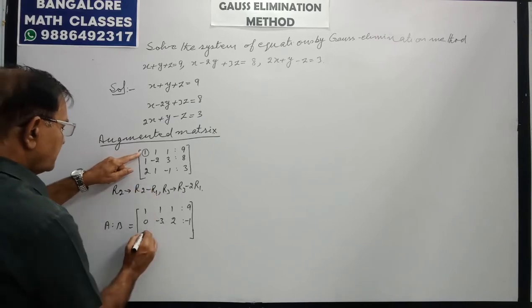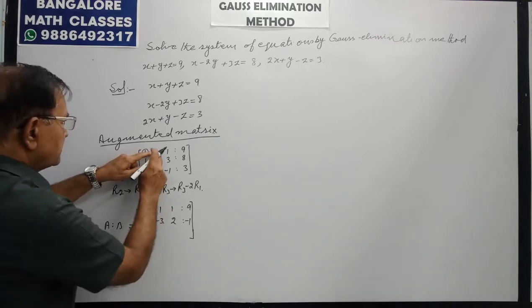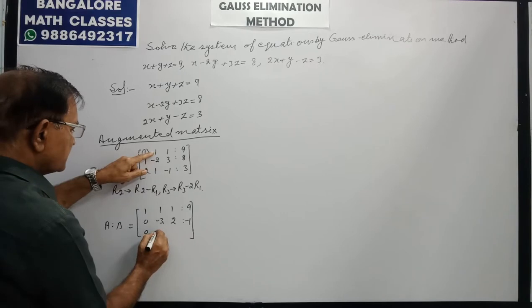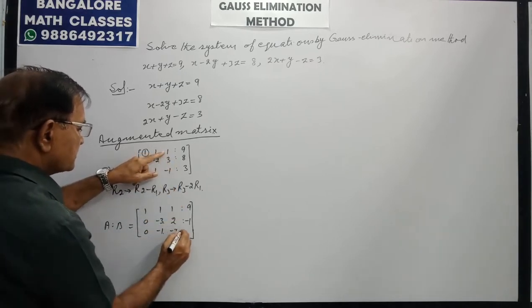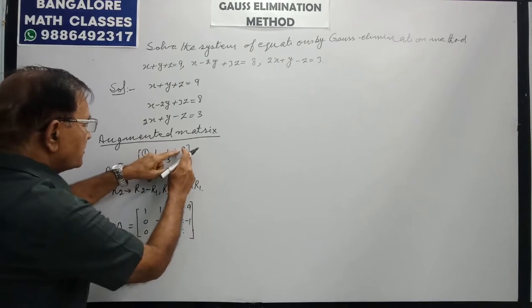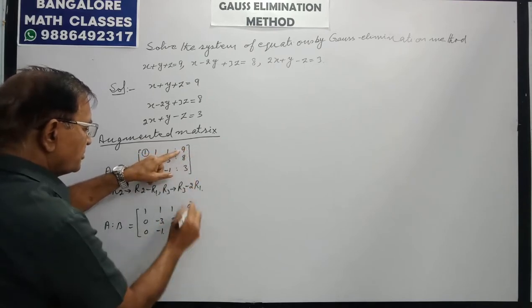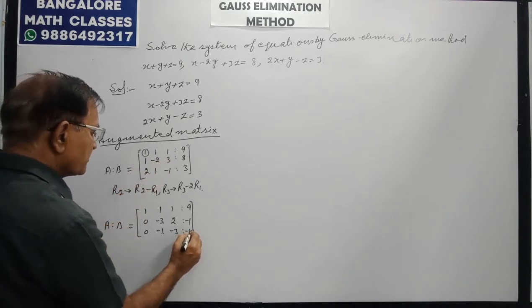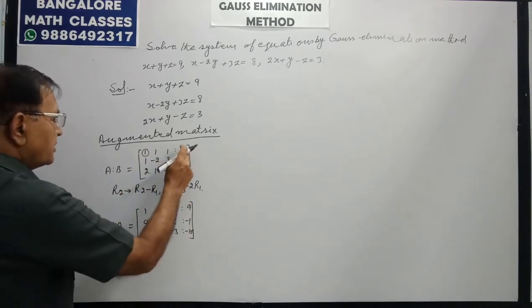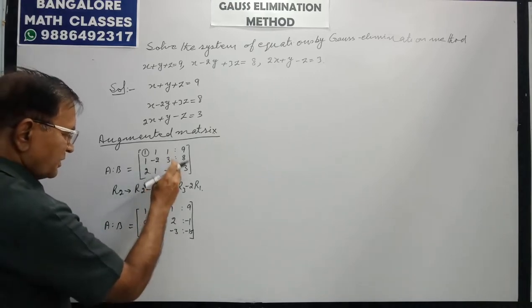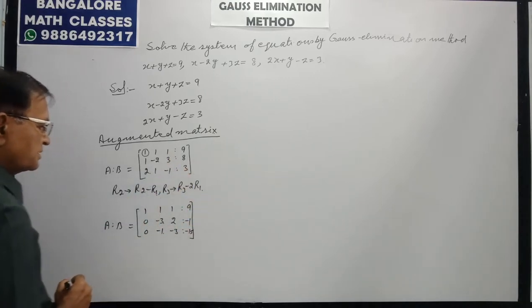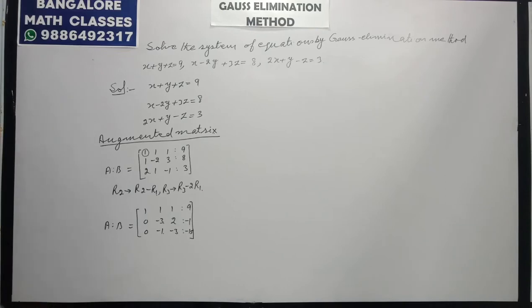On the right side, 18 minus 18 gives us minus 15. Like that you will get it.